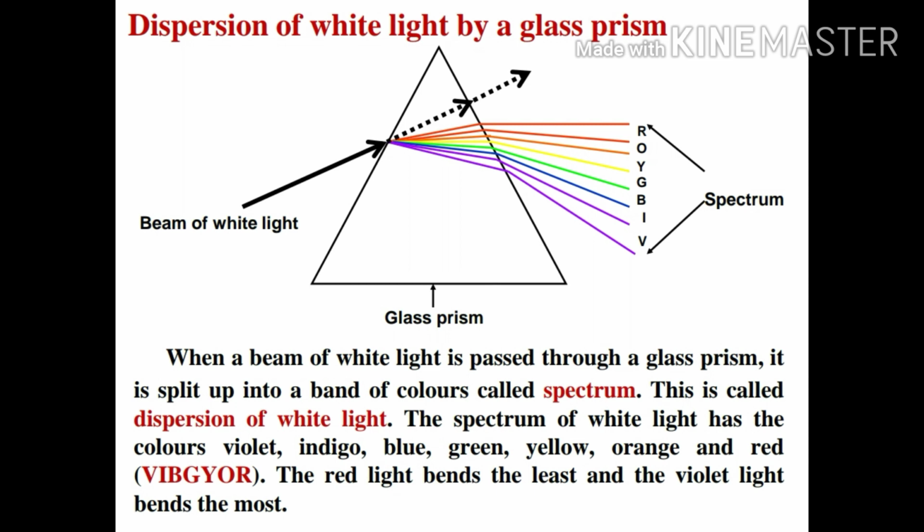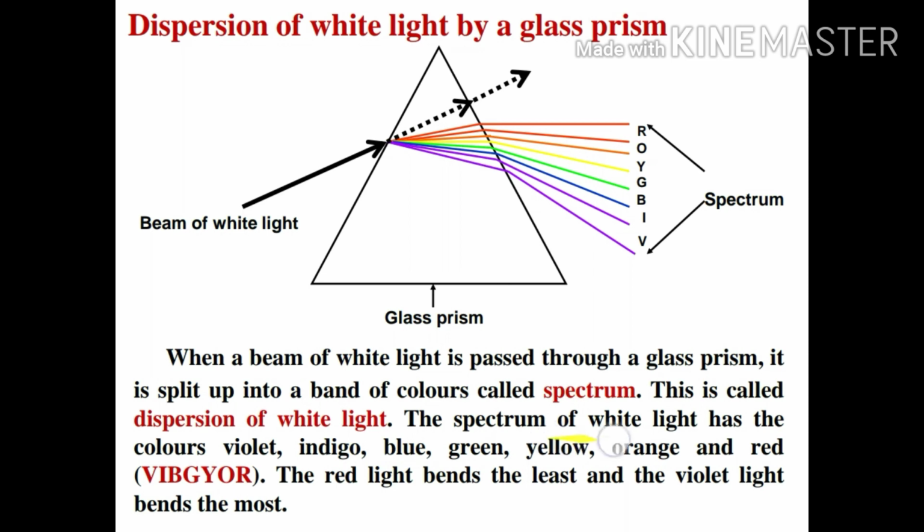First of all, when a beam of light is passed through a glass prism, it is split up into a band of colors called spectrum. So what is spectrum? This band of color which we get from the glass prism is known as spectrum, and this phenomenon is called dispersion of white light.